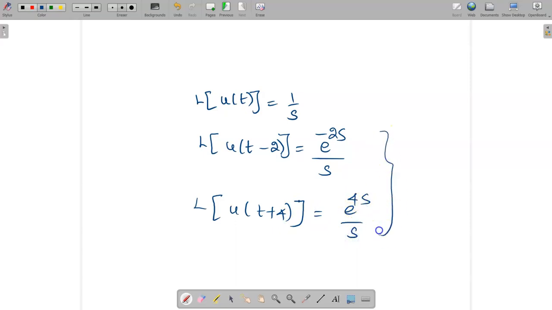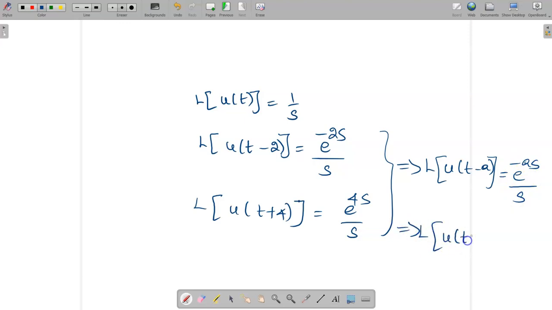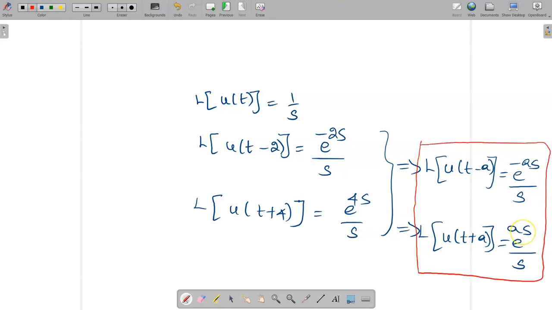So from these we can conclude that the Laplace transform of u of t minus a in general is nothing but e power minus as by s, and the Laplace transform of u of t plus a is nothing but e power plus as by s. Okay. So this is the important formula which you should remember.